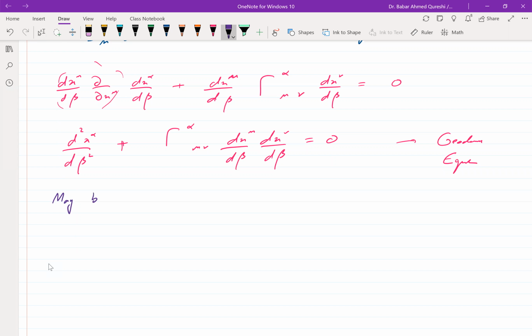Well, this condition may be too strong, because maybe all we want is this: when you take the derivative of a tangent vector along this curve, you should get a vector pointing in the same direction.